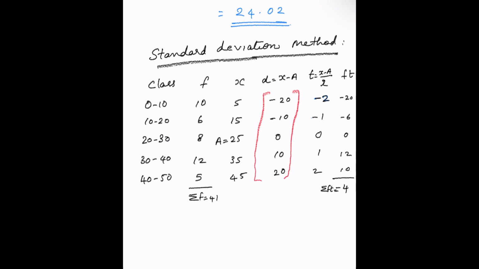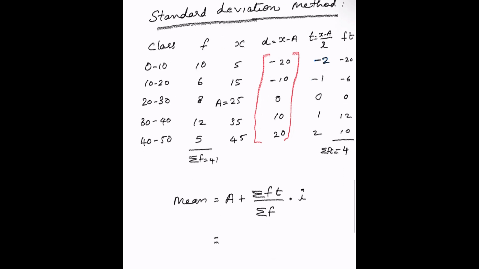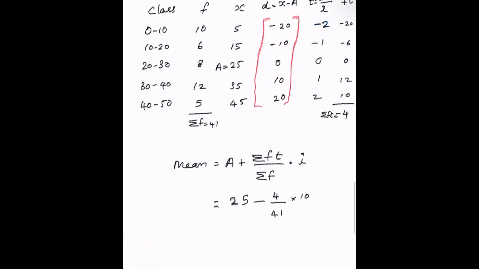Okay. Now, what is the formula here? Mean equal to A plus sigma Ft divided by sigma F into I. So what was A? A is 25 minus 4 divided by 41 into 10. Same thing I'm getting, right? 25 minus 40 by 41.